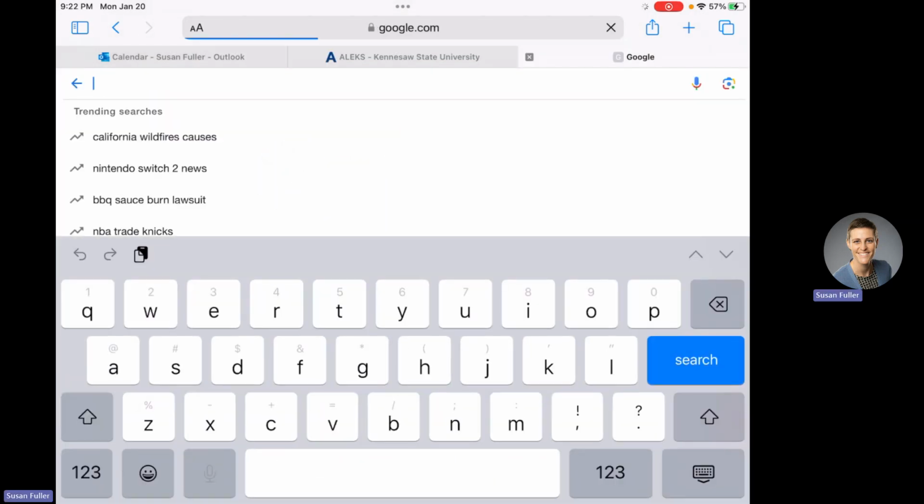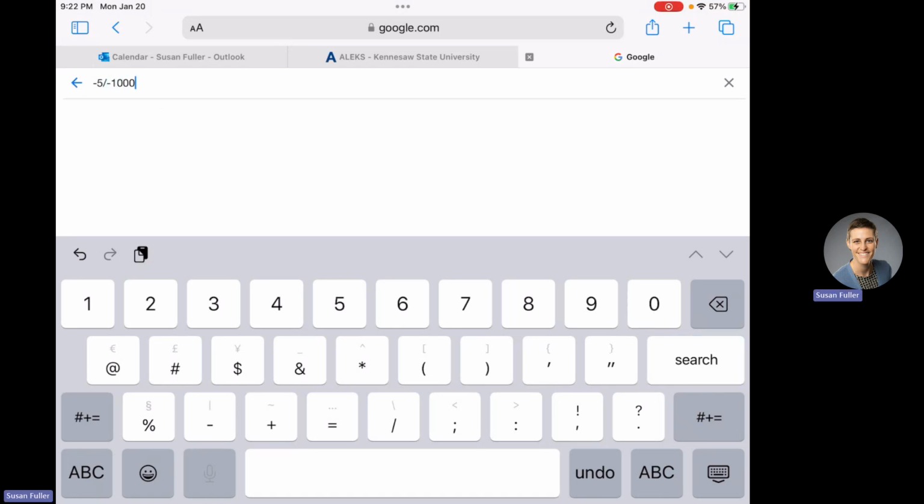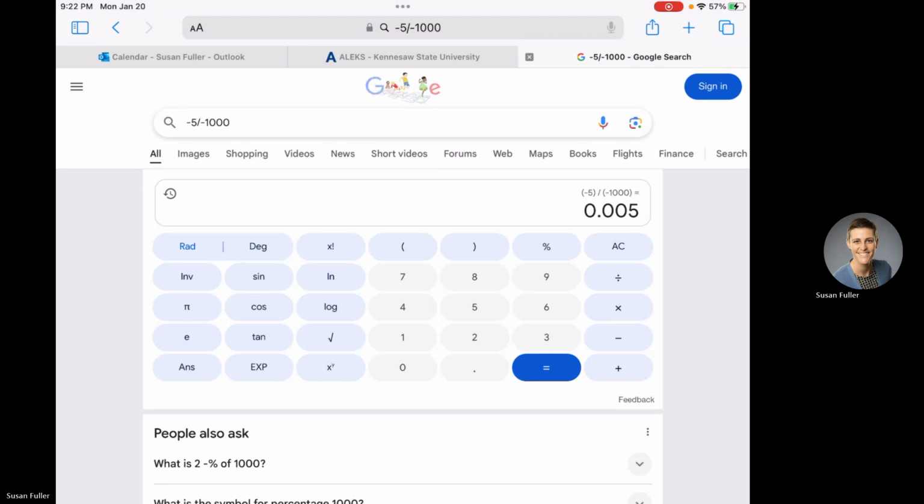So I'm going to take negative 5 and divide it by a huge negative number, negative 1,000. I get 0.005.